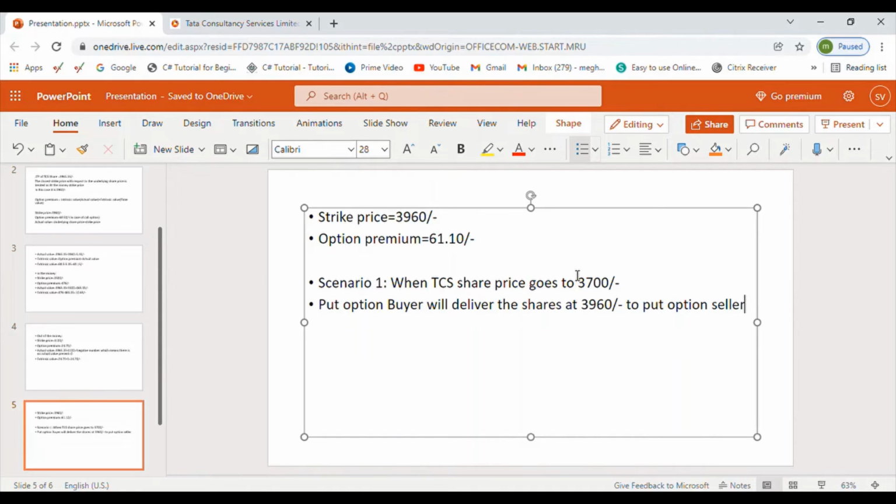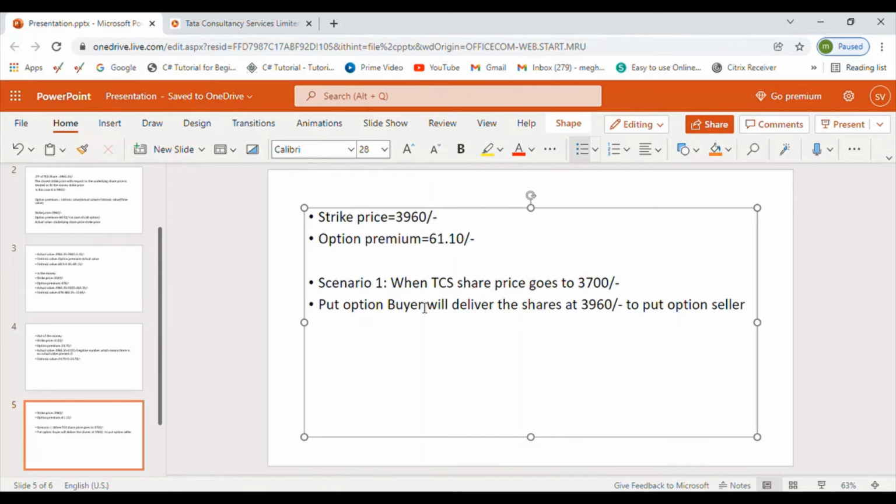So the put option seller will pay 3,960 rupees per share, even though he could get it at a very cheap price in the cash market. He has to pay 3,960 rupees to the put option buyer and take the delivery.